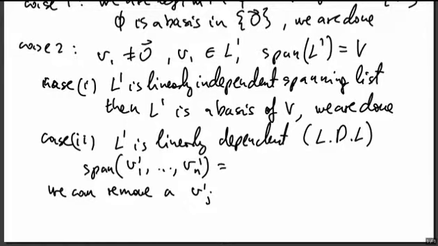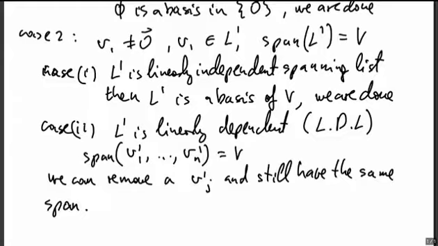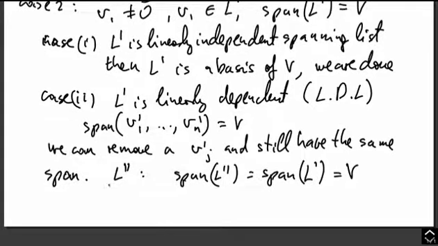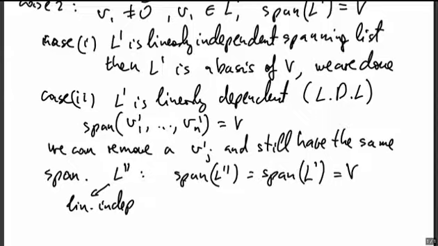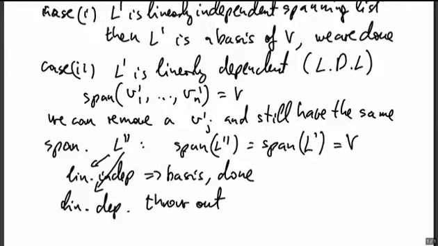But this span was V, that means we get a shorter list and still have the same span. Let's denote this with L double prime. So what we have is that the span of L double prime equals the span of the previous one, and that was the whole space V. And again, we would have two cases. If it's linearly independent, then we are done. Or if it's linearly dependent, then we can throw out a vector using the linear dependence lemma.